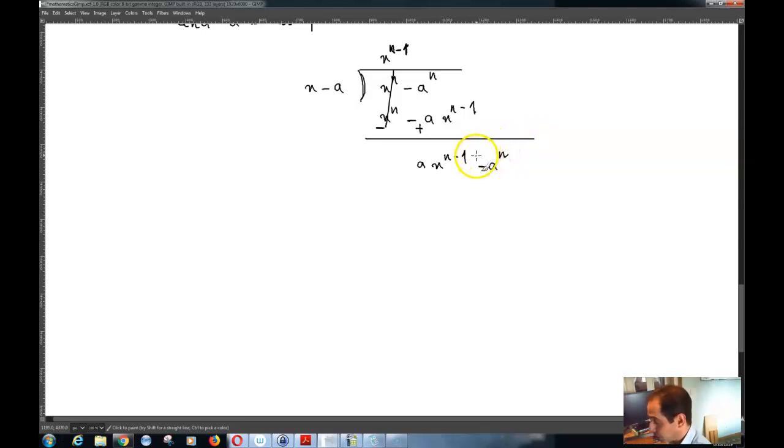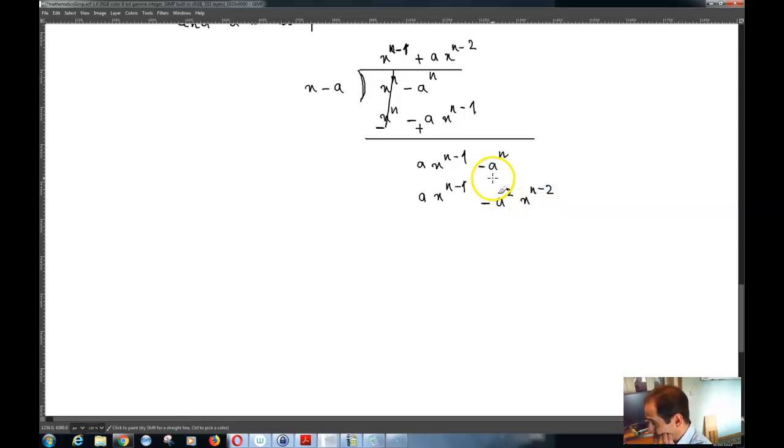Now again, if you divide a times x raised to the power n minus 1 by x, you will get plus a times x raised to the power n minus 2. So a times x raised to the power n minus 2 times x is going to be a times x raised to the power n minus 1, and a times x raised to the power n minus 2 times negative a is going to be negative a squared x raised to the power n minus 2.